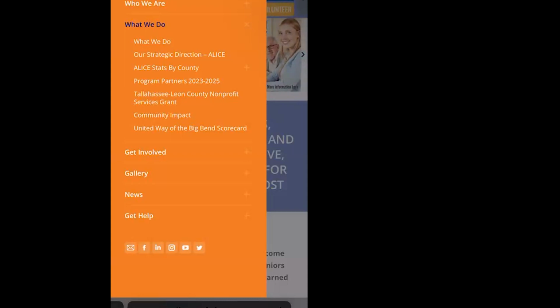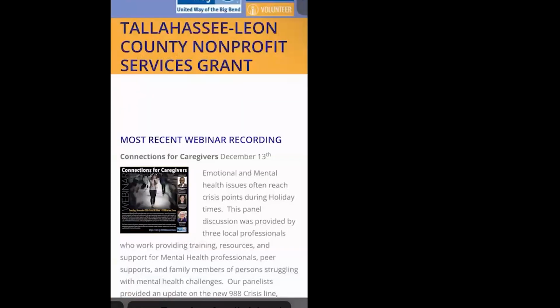All right, right here, Tallahassee, Leon County, Nonprofit Service Grants, Community Impact, and so on. All right, let's look here.